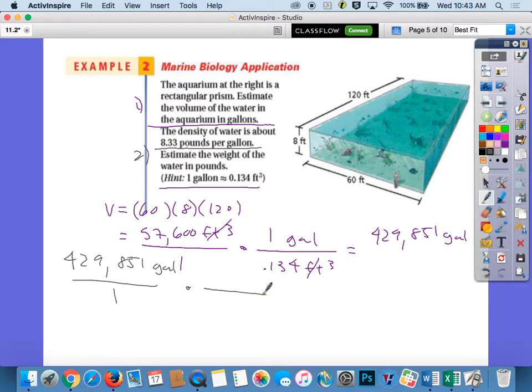Again, I want gallons to cancel, so I have 1 gallon for 8.33 pounds. These cancel out, and your final answer is fairly large, 3,580,658 pounds.